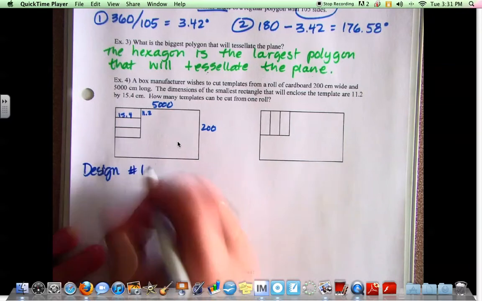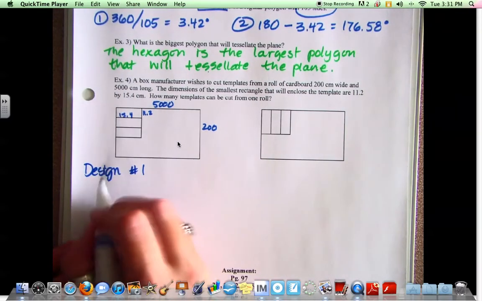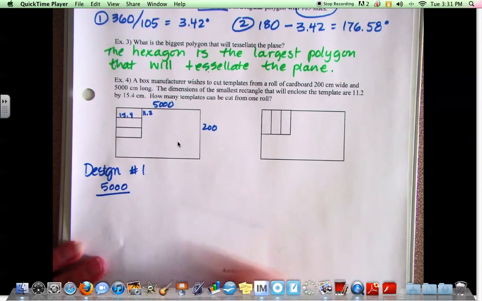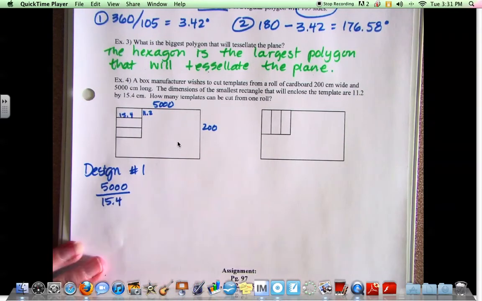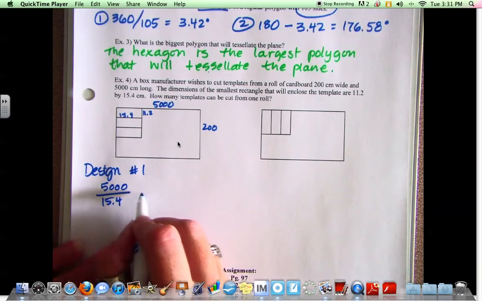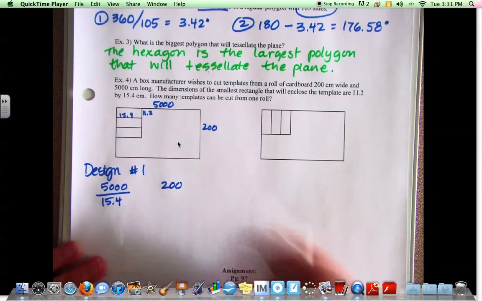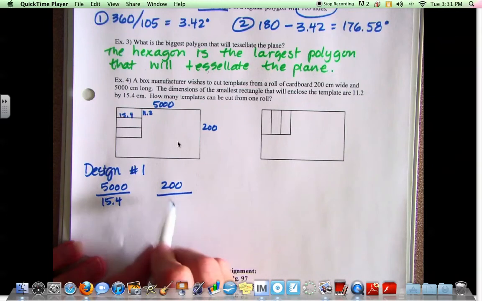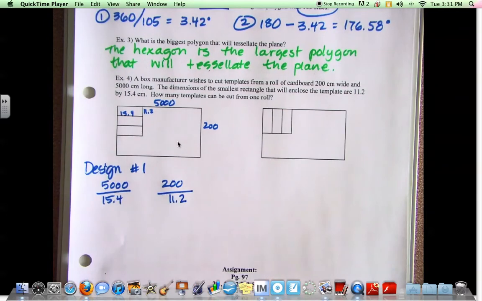So, design number 1. We take the length of the rectangle and divide it by the length of the template, which is 15.4. And we want to take the width of the rectangle, and divide it by the width of the template.